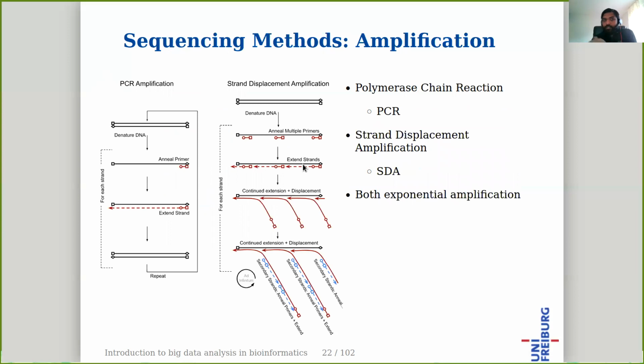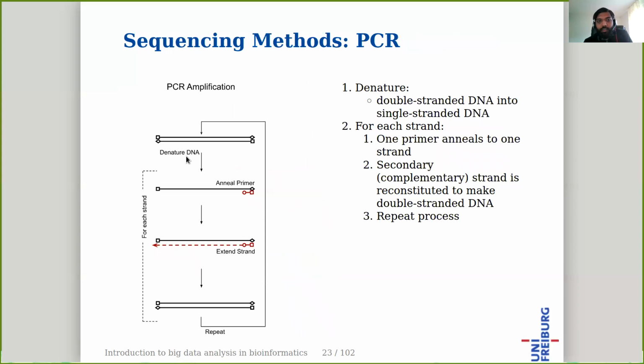So let's look briefly at the amplification methods that you have already seen in bulk RNA sequencing, and then we see why we need a special amplification method for single cell RNA sequencing. Usually the most common amplification methods used in RNA sequencing are polymerase chain reaction or strand displacement amplification. Let's look at the PCR quickly.